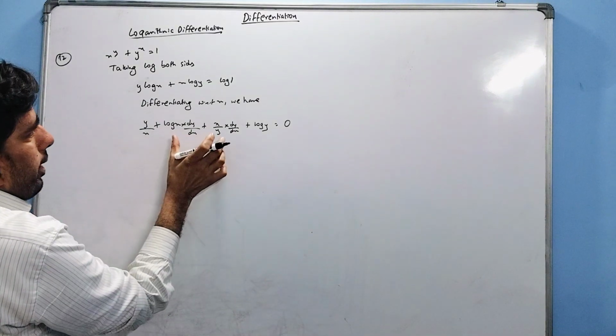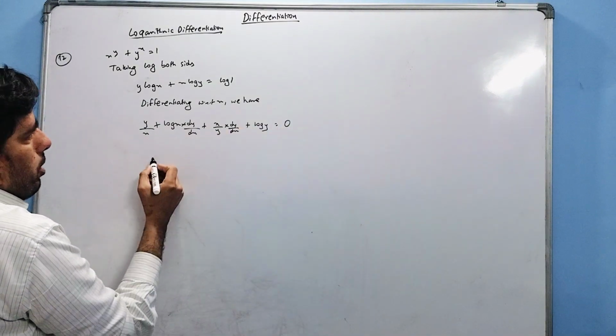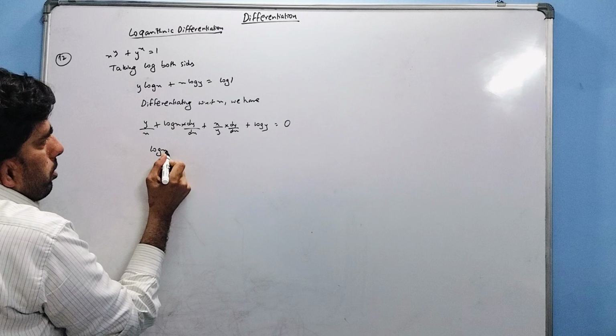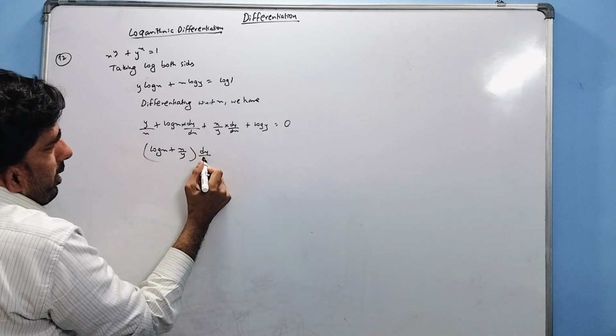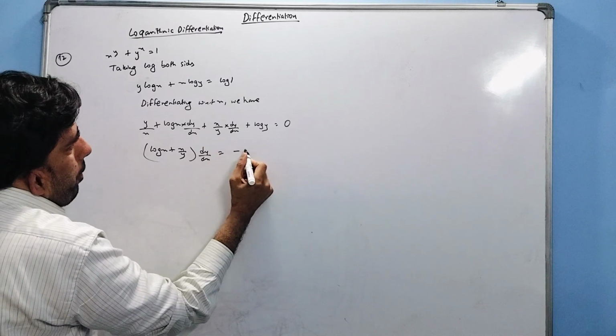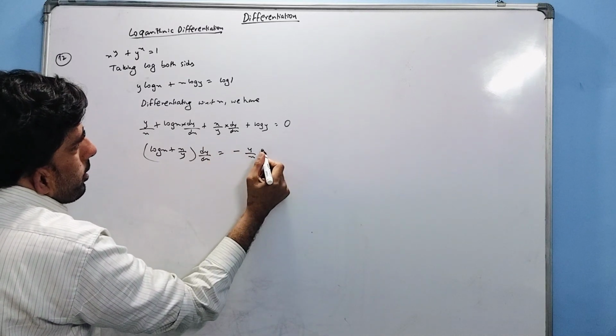Take both on this side. So we have log x plus x upon y, dy upon dx, and on that side we have minus of y upon x plus log y.